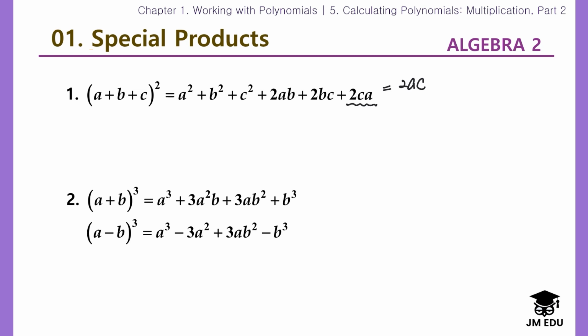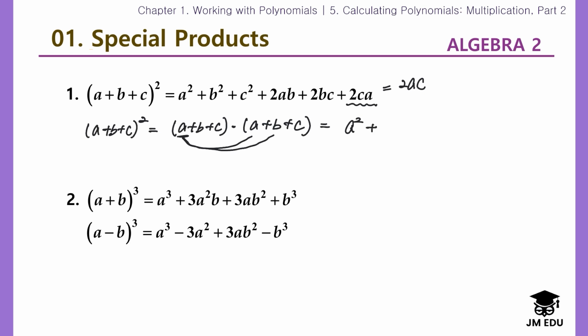Okay, I'm going to show you why we have this formula right here. Here we have (a + b + c) squared, right? That's actually (a + b + c) times (a + b + c). So we're going to expand this expression using the distributive property. Starting from a times a, that's a squared, a times b, that's ab, a times c, that's ac.